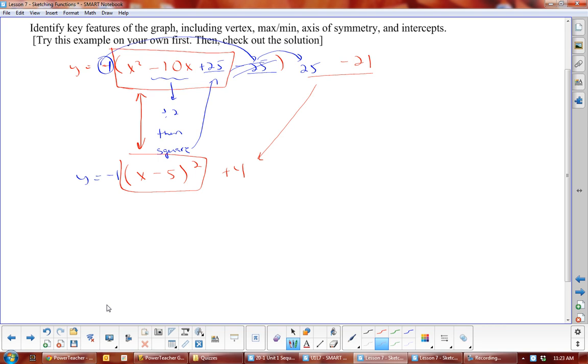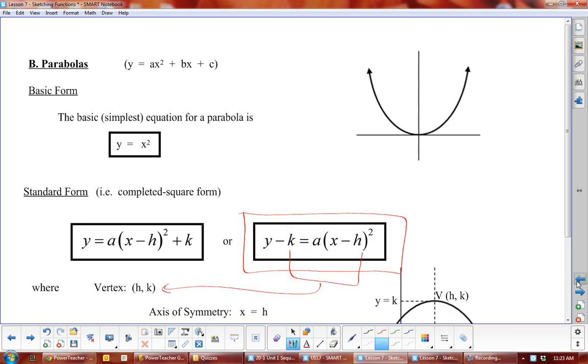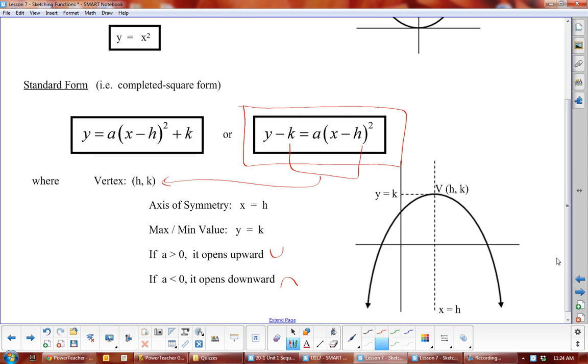Okay, and if you look back to the first page, so right now we have put it in this form right here. H is my x of my vertex, and it's going to be plus k because it's on this side. So these have different opposite rules, right? If you brought it over to the other side, then same rules.